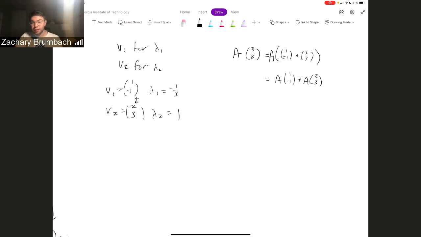This is for distinct eigenvalues, right? Because we have two totally different ones here. So this gives us negative 1/3 times 1, negative 1 plus 1 times 2, 3. So what this is saying is that any vector can be composed and broken down into a form like this, but the amount that is present is different.